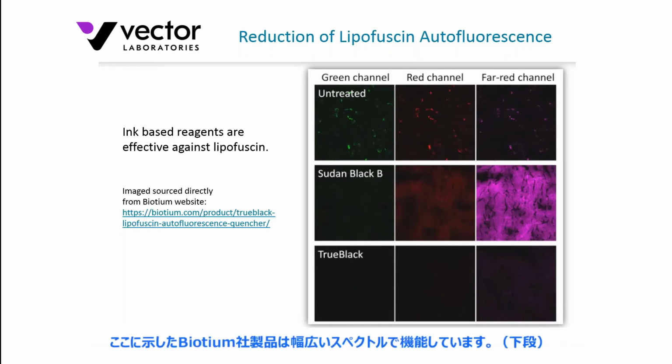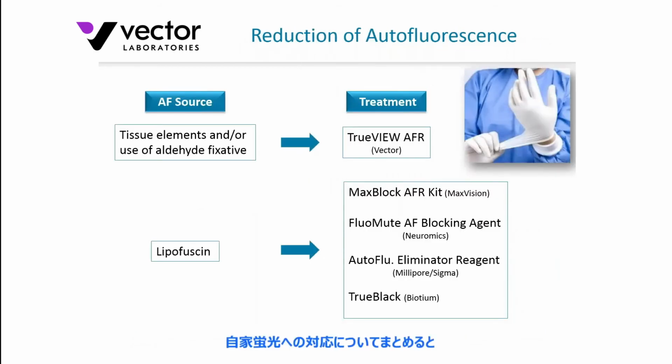However, Biotium do have a product I've indicated here that does work across the spectrum. So if you do encounter autofluorescence, identify the source of that autofluorescence, say tissue elements or an aldehyde fixative. Look for TrueVIEW. If it is from a lipofuscin source, then there are quite a number of ink-based reagents out there that are effective in reducing that.